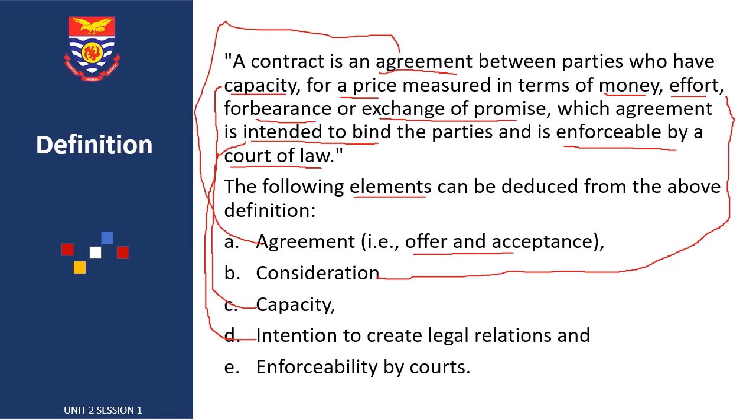We also have the issue of enforceability of a contract. Here it simply means that it should be a contract that can be enforced by the court. And here you have to know that only lawful contracts will be enforced by the court. Contracts that are tainted by illegality will not be enforced by the court.